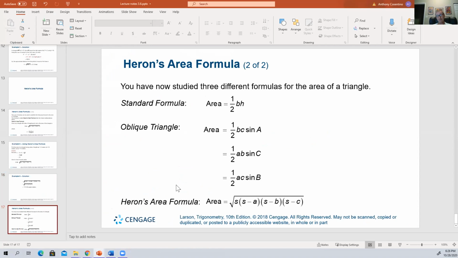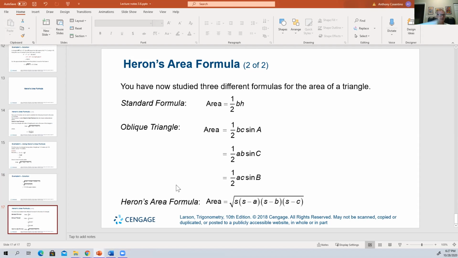Most of the time, you're given the 3 lengths, or you can measure the 3 lengths in real application. So Heron's formula comes in handy. If not, you have to measure an angle somewhere. And sometimes that might be a little bit more difficult. And so actually, practicality-wise, Heron's formula does come in quite handy with regards to the calculation.